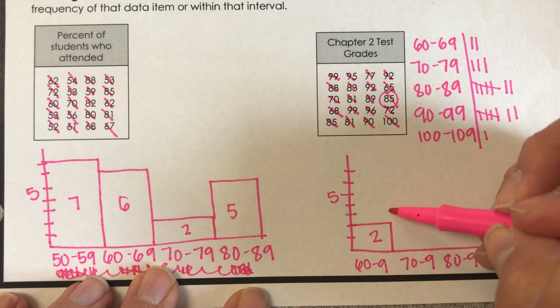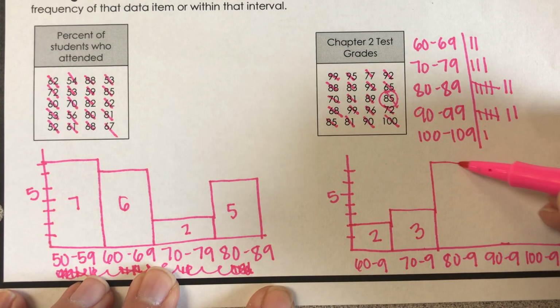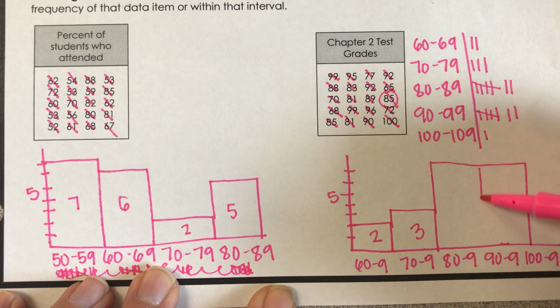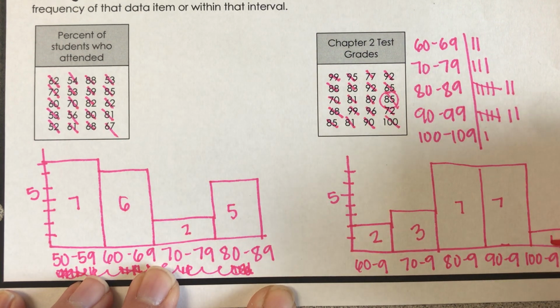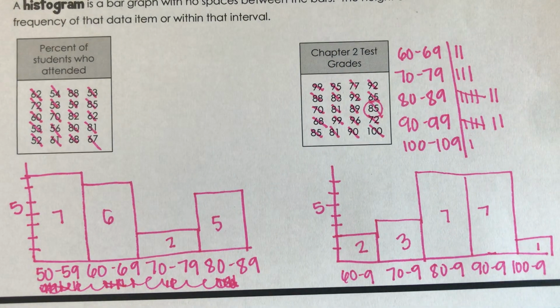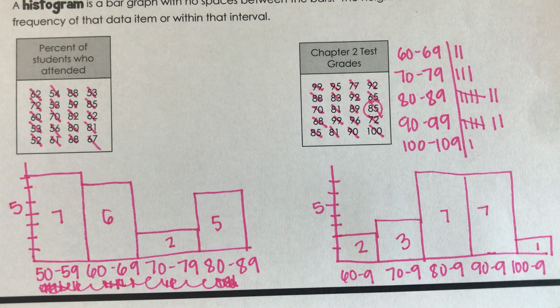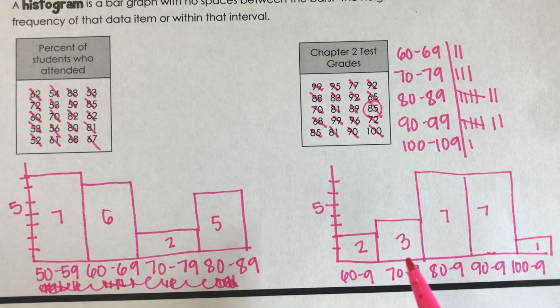I have 3 numbers that were 70 to 79. 7 that were in my next 2 categories, so I'm just going to do it like that. And then 1 down here. Okay, and we want to make sure that we're putting the numbers inside our bars because we're not using graph paper, so this shows me that's at 7, not 8 or 6 or 7.5.